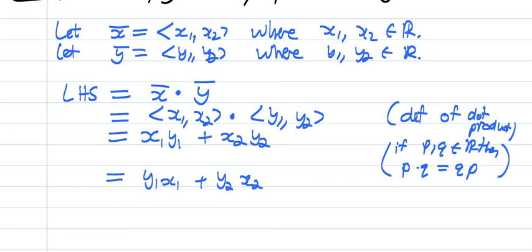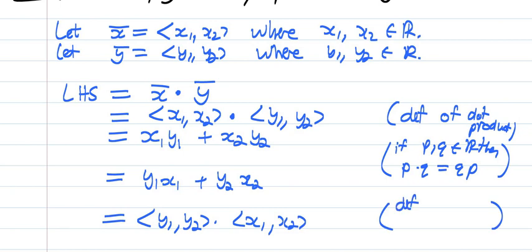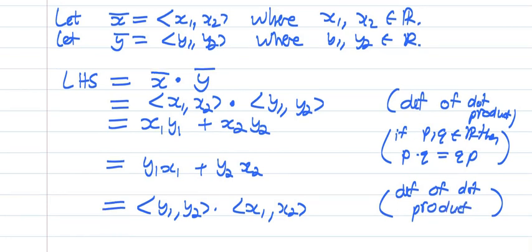Now, if you look at this, we can interpret this as a dot product, this vector dotted with this vector, because this is just the definition of dot product.